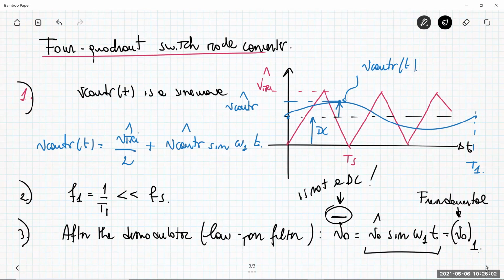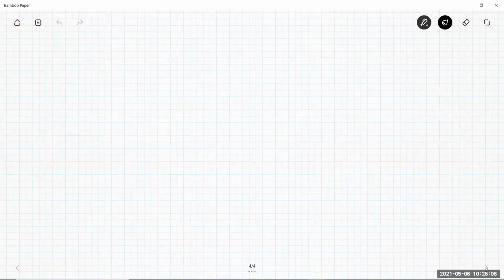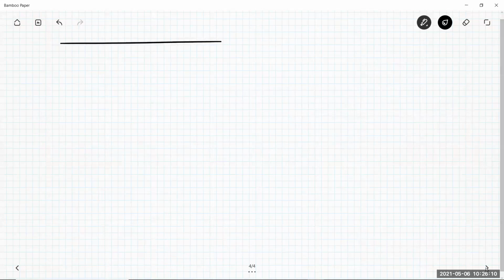This is something that we already discussed for the DC-DC converter. So here we have our full bridge that can be employed to do this kind of operation. Let me discuss this in the usual way.